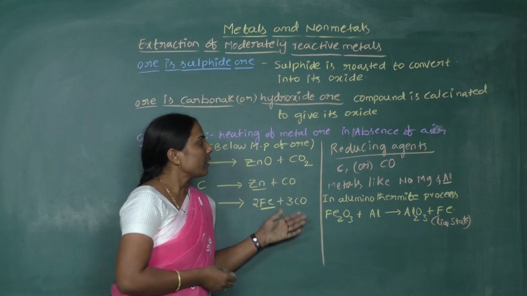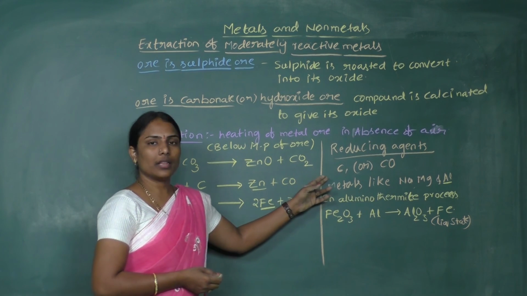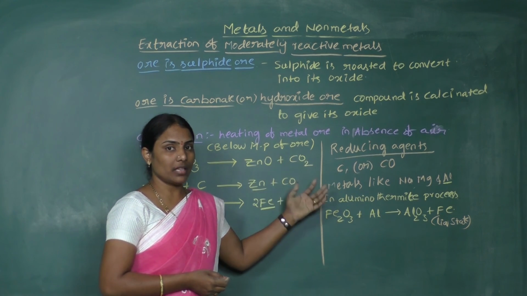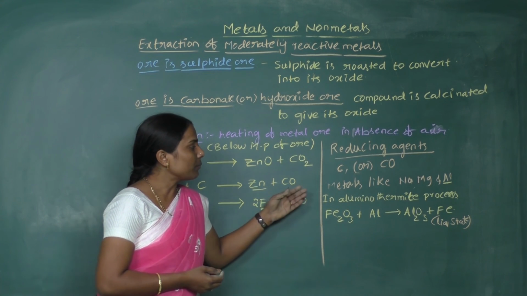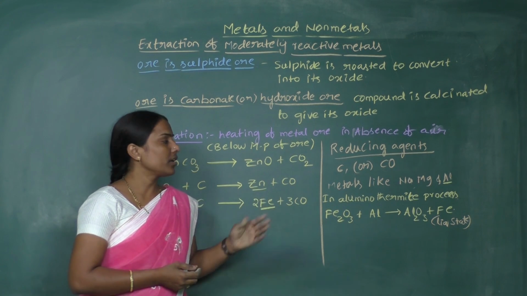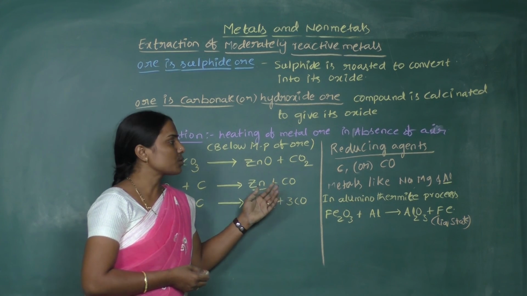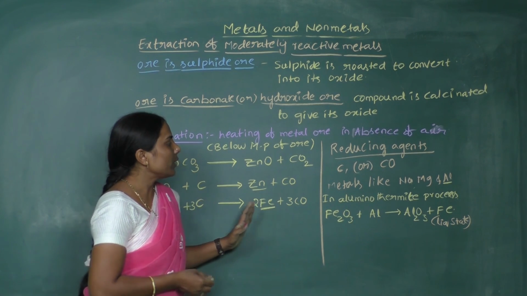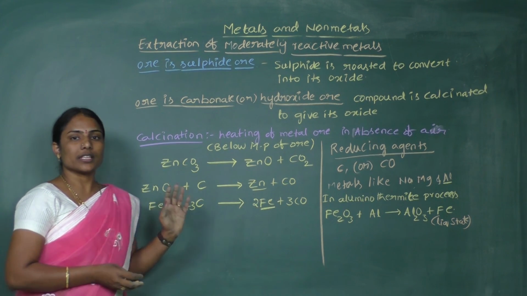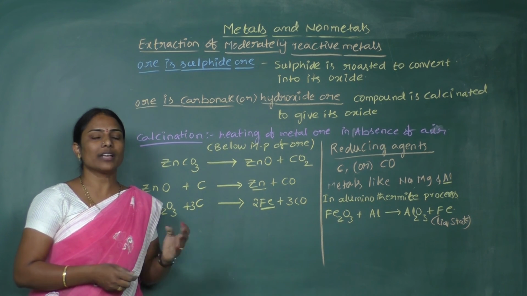So like this we can use any reducing agents. The reducing agents can be the most cheaply available elements like carbon or carbon monoxide, or sometimes we can even use more reactive metals like sodium, magnesium or aluminium. Now, on what basis can we select the better reducing agent?